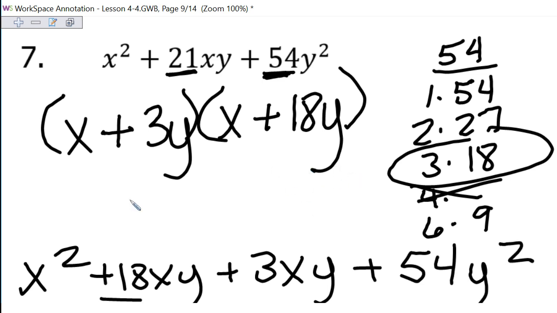And when I combine 18xy and 3xy, what does that give me? 21xy plus 54y squared. So you can always check your answers today by double distributing. So if you have x and y, make sure x is first, y is second. So x times x gave us the x squared. Y times y gave us the y squared.